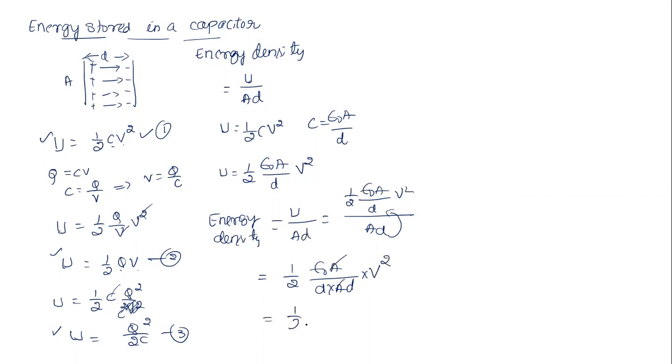It has become 1 by 2 epsilon naught divided by D square, and V square. I'll write V like this because we know electric field is equal to potential divided by distance, so V equal to E into D. It will become E into D whole square. Now one D square and this D square are going to cancel. It has become the energy density.